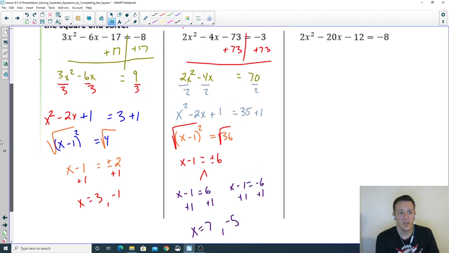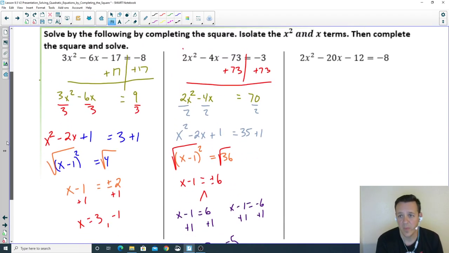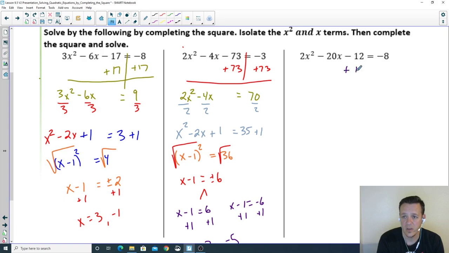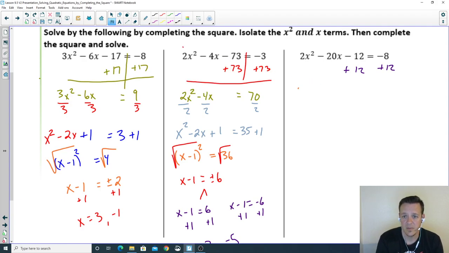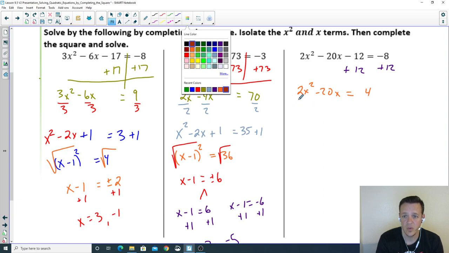There's the math. And remember, the last one is adding 12 to both sides. When you do that setup here, it's going to be the same thing, where it'd be 2x squared minus 20x equals 4. Then you divide everything by 2.